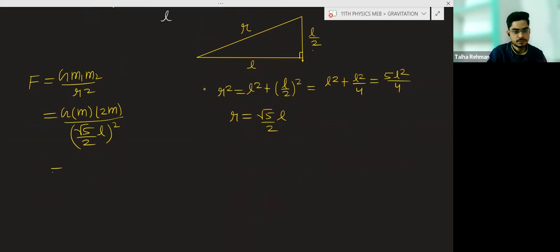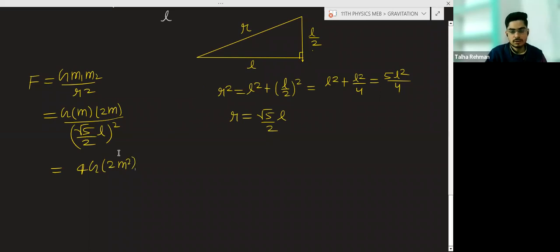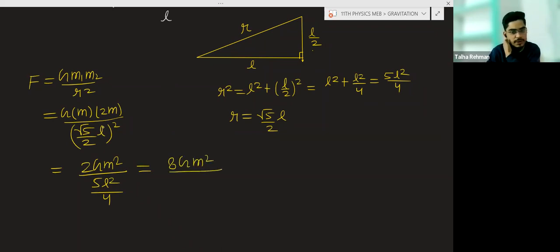So it becomes 4G into 2M square over 5L square. Are you getting now why I have written 4? So it becomes 8 G M square divided by 5L square. This will be the final answer.